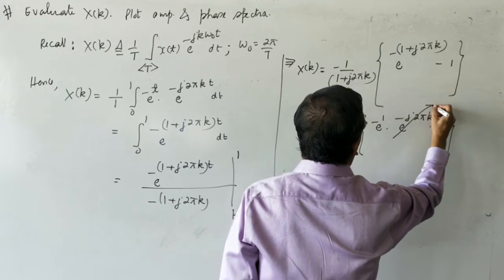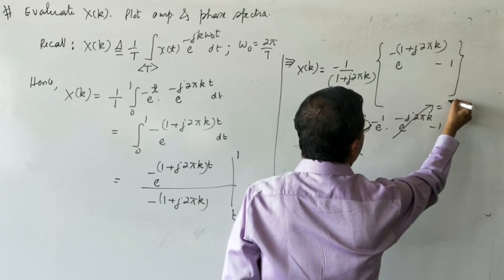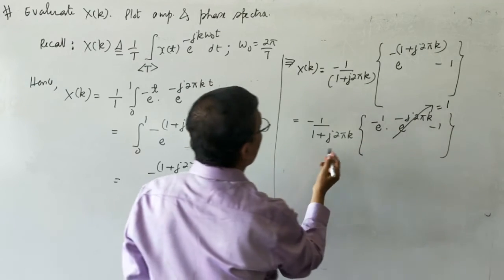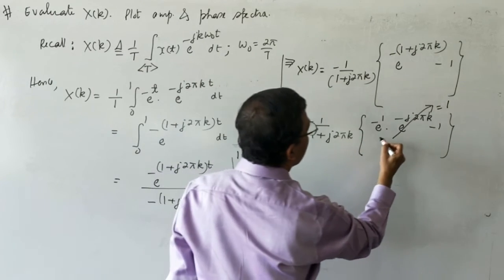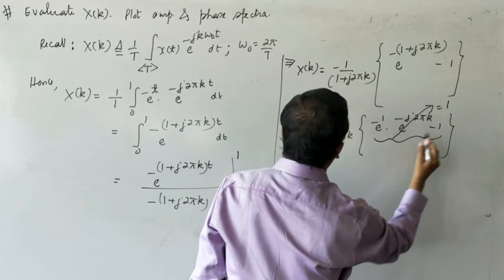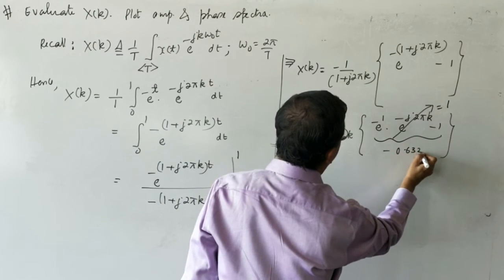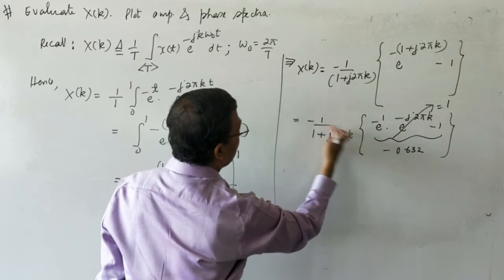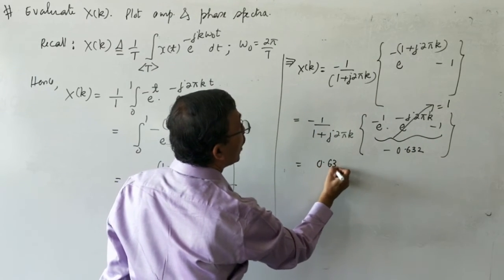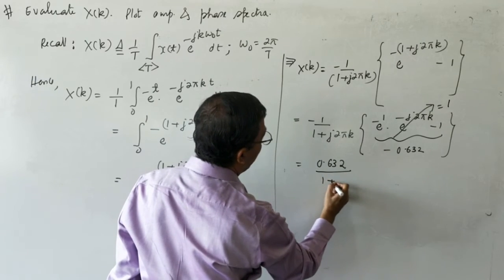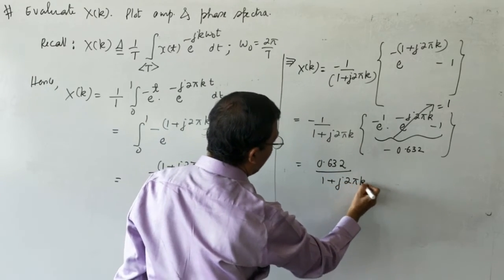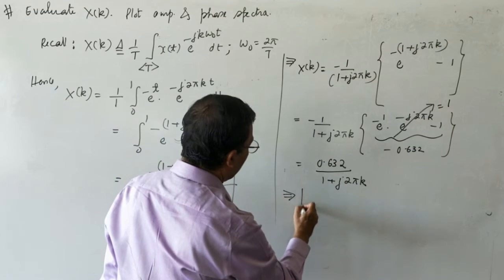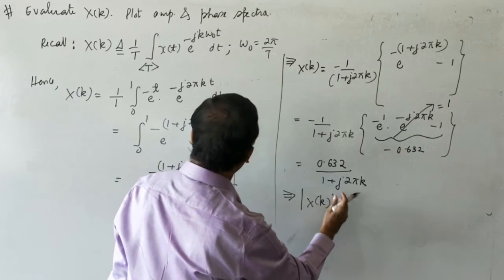E to the power minus j 2 pi k is 1. So this will simplify to e to the power minus 1 minus 1, which is minus 0.632. Use calculator. Minus of minus, it is plus. So you get 0.632 divided by 1 plus j times 2 pi k. This is the expression for x of k. This implies what is the magnitude of x of k? It is a complex number.